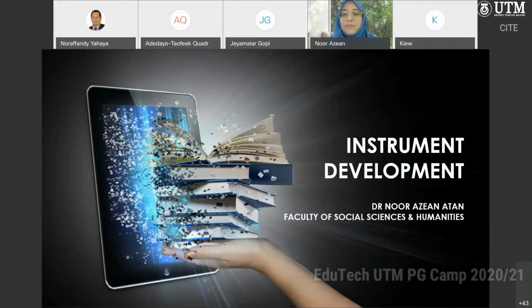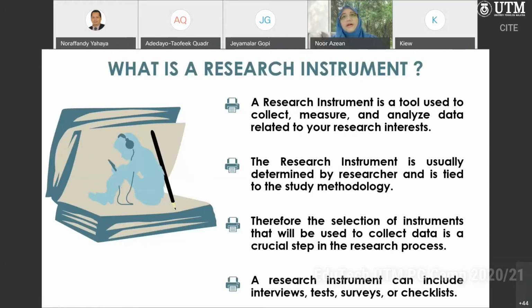Okay, so the first part is about instrument development. A research instrument is a tool used to collect, measure, and analyze data related to your research interest, with which a researcher attempts to measure variables or items of interest in the data collection process.